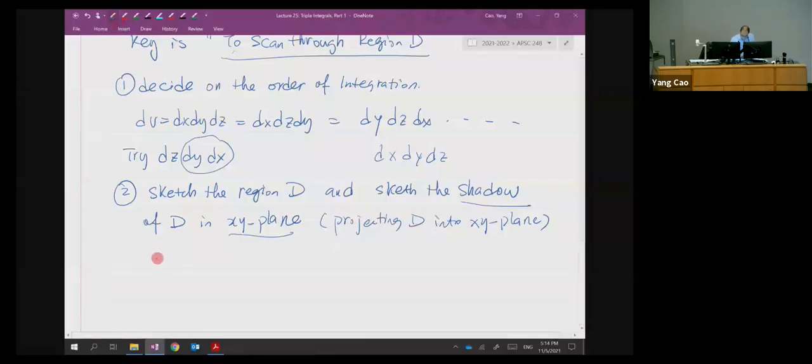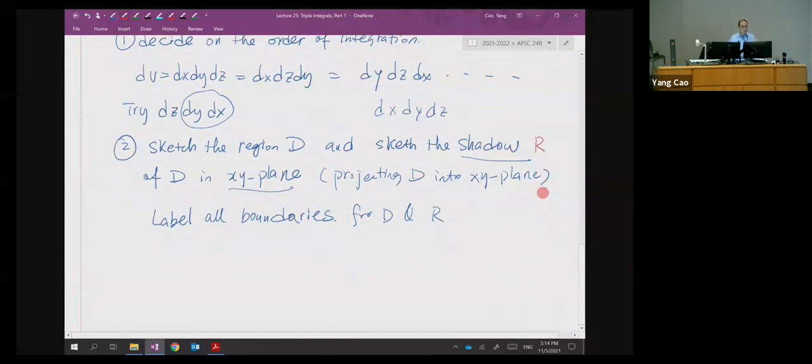Once you've done this, try to label all boundaries for both D and the shadow. Let's call the shadow R. So sketch the shadow R of D in the XY plane. D is a 3D region, R is a 2D region, very much like the double integral.